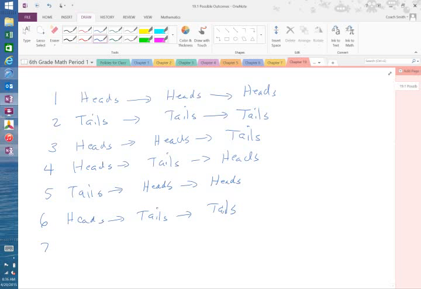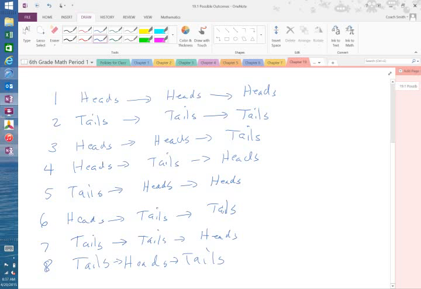Let's see here. Looks like tails, tails, heads. Then let's see here. Tails, heads, tails. Okay. And I believe that's all of them. Should be all of them, if I've listed them right.